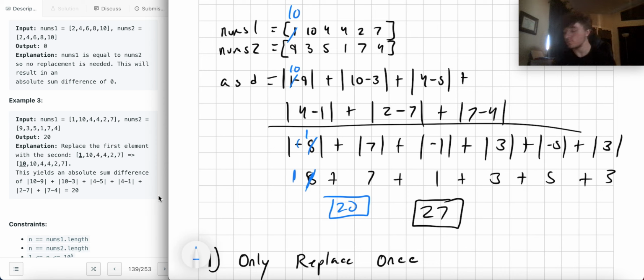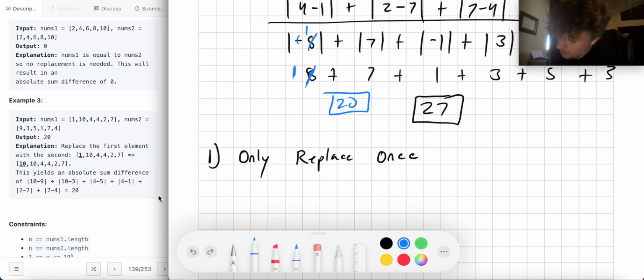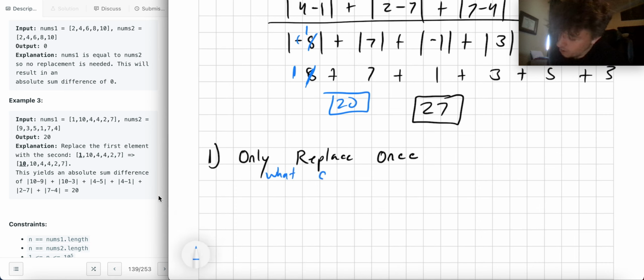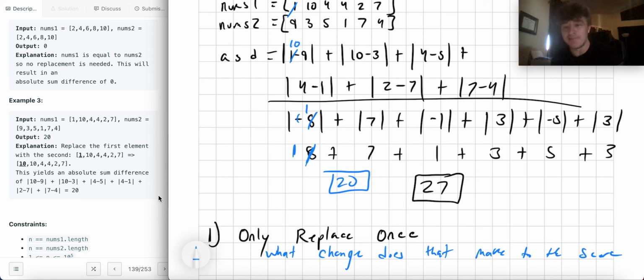Okay? So you can only replace once. First question is to ask, what does that do to my score? What change does that make to the score? Now you'll notice I didn't have to recalculate everything again when I made the change.